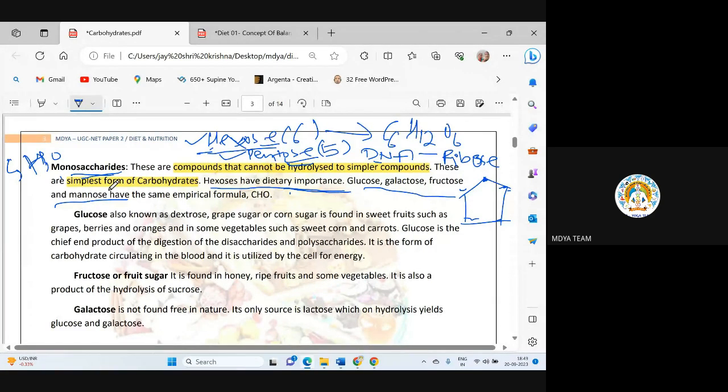One thing is there, they all have a common formula, and that formula is C6H12O6. Then what is the difference between glucose, galactose, and fructose? If they have the same chemical formula, then why are they different?